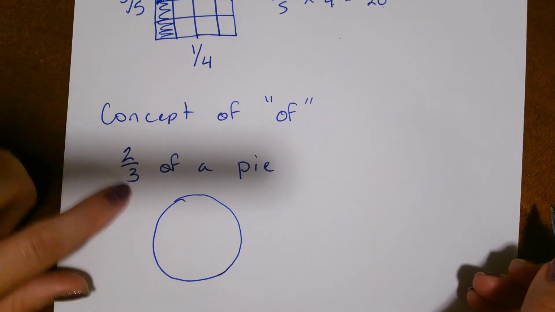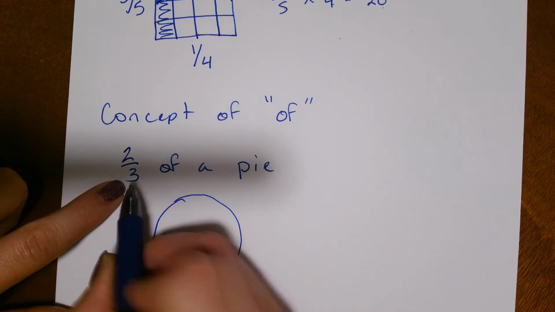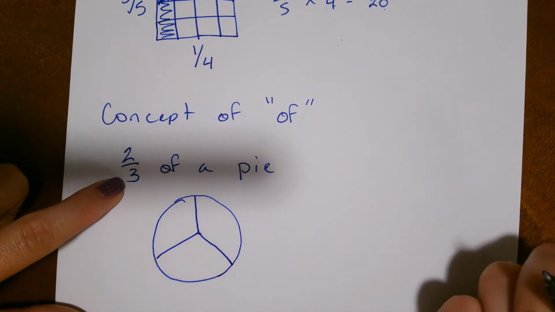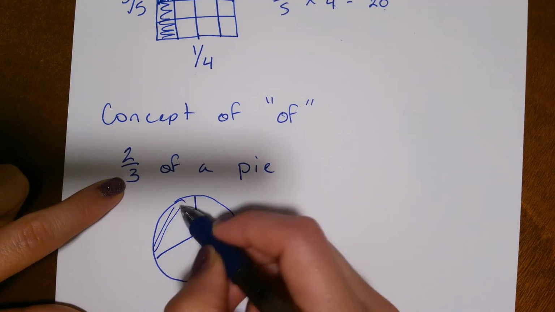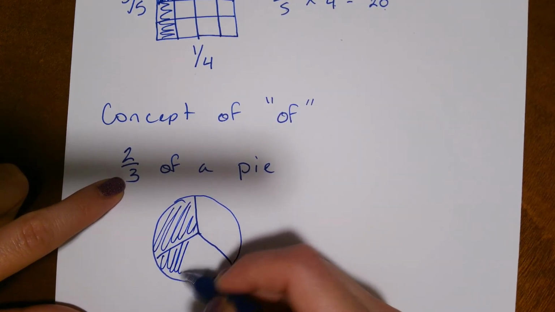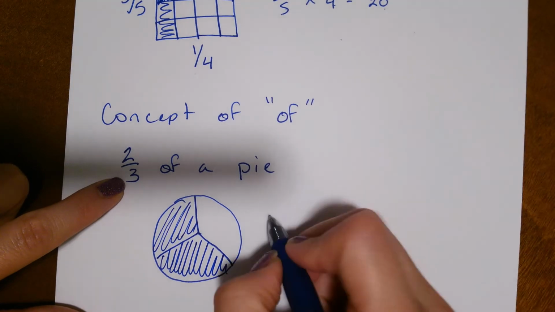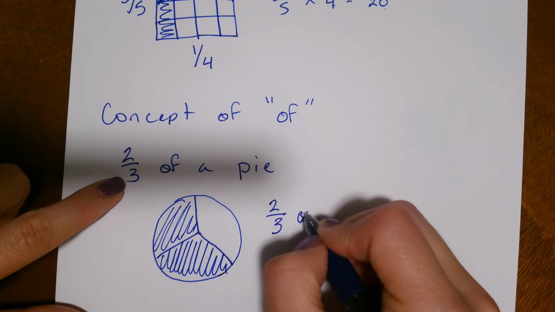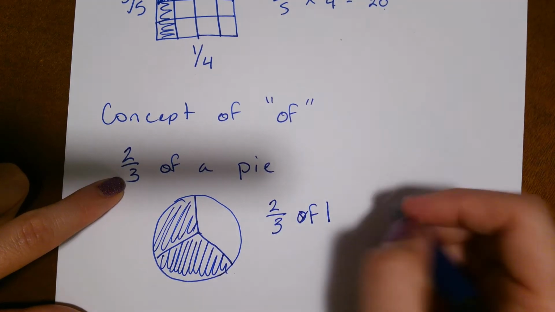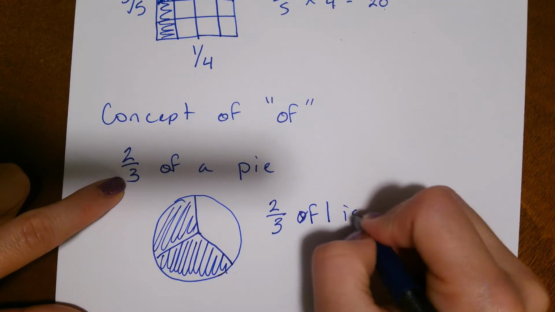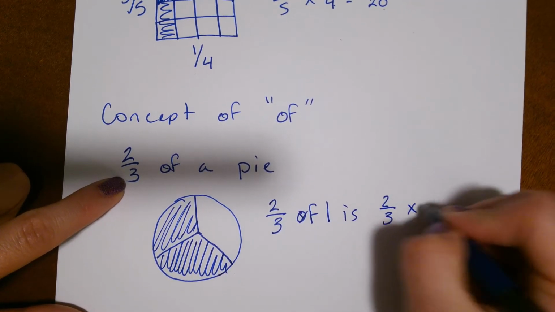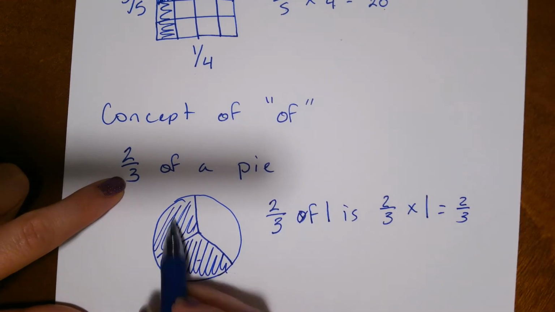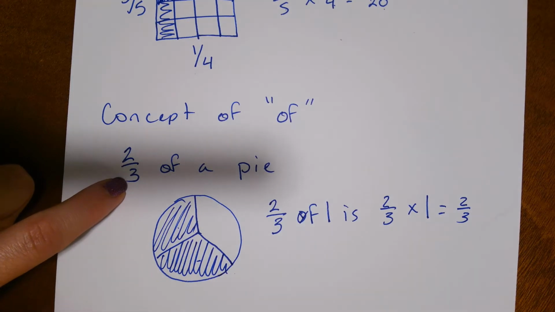By definition of 2/3, I took that pie, broke it into 3 pieces, and I ate 2 of them. So 2/3 of my unit, so 2/3 of 1 is 2/3 times 1. And we get that is just 2/3, right? I ate 2/3 of that pie.